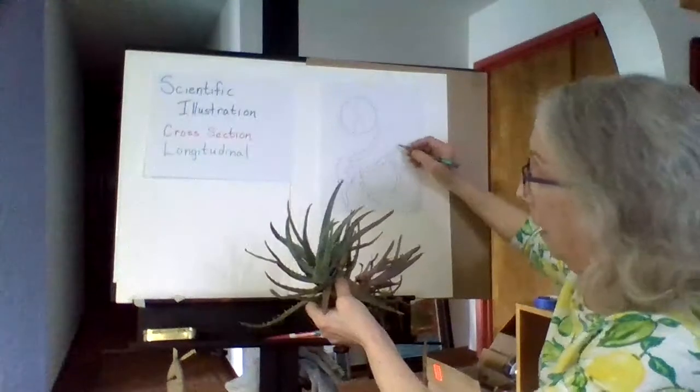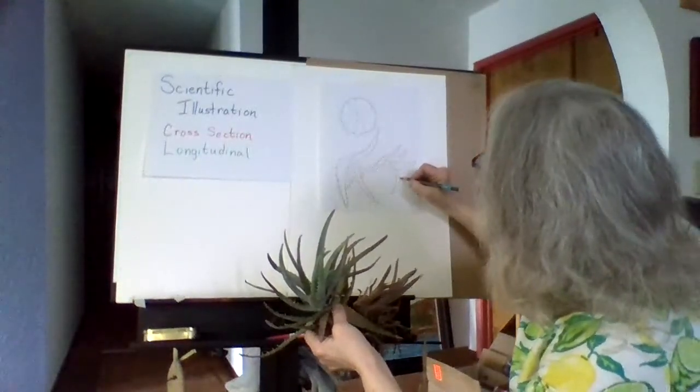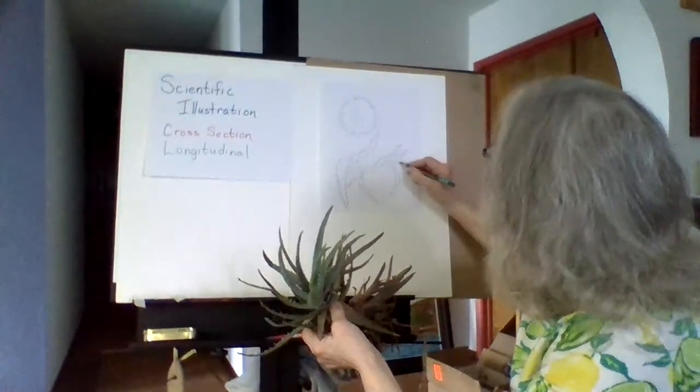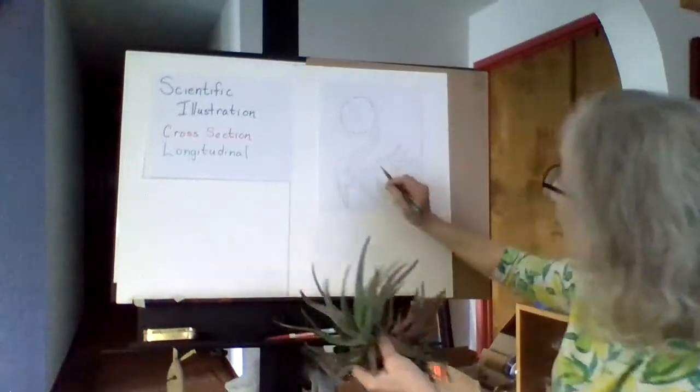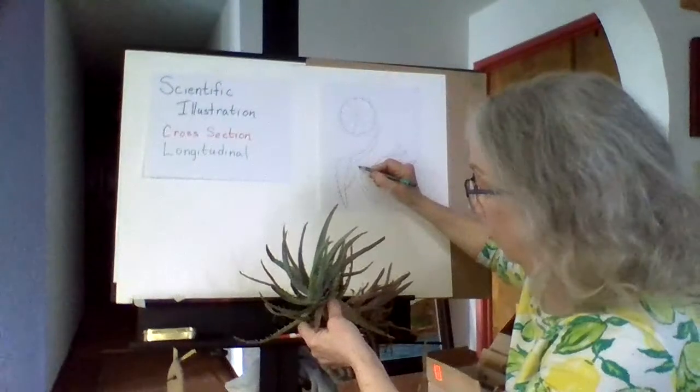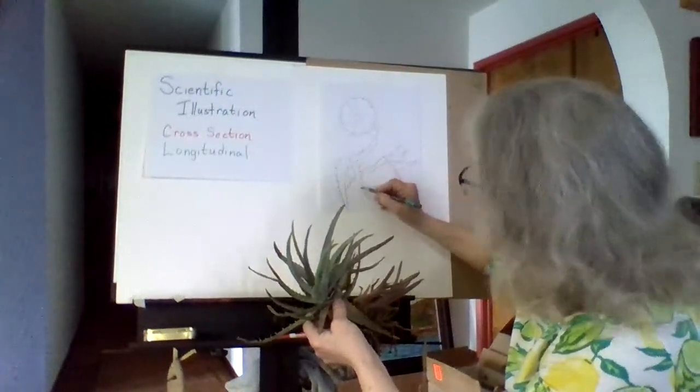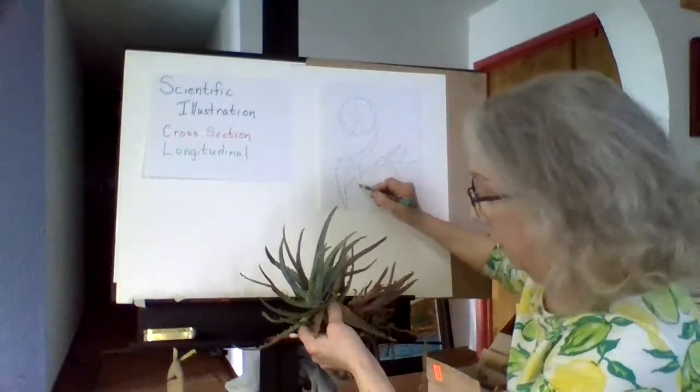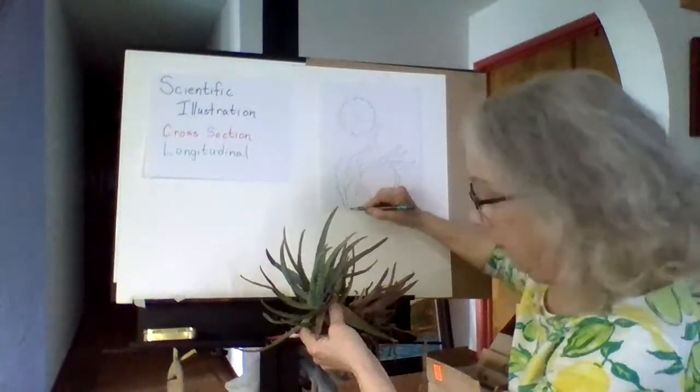But do you see how I'm getting across the information that this plant is coming off of the root? And I'm going to have to get more of those roots in there, the smaller roots, to show that.